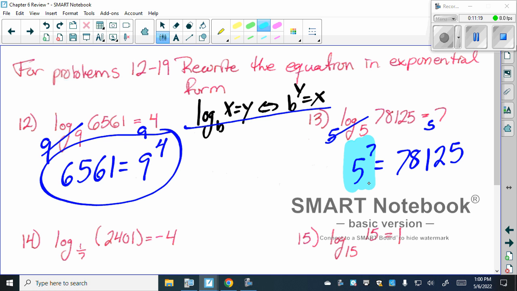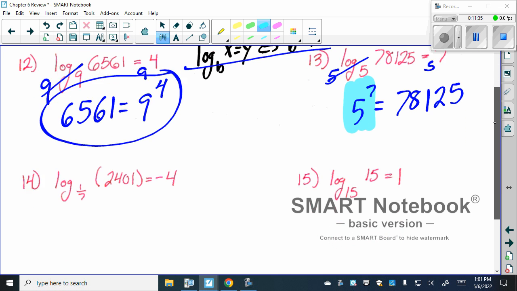So I could type 5 to the 7th in and see if I actually get 78,125, which we do, which is telling me I have this set up correctly, because it's a way to check it. Any other questions on any one of these here?